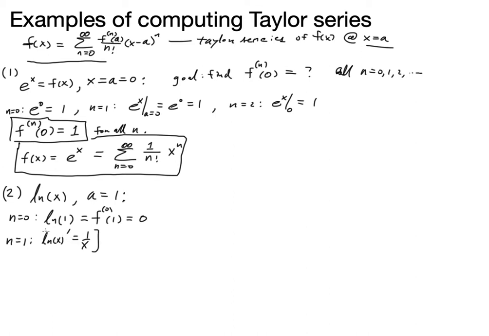We evaluate it at 1 and we get 1. Now n equals 2. We take the derivative of 1 over x, and we get negative 1 over x squared.